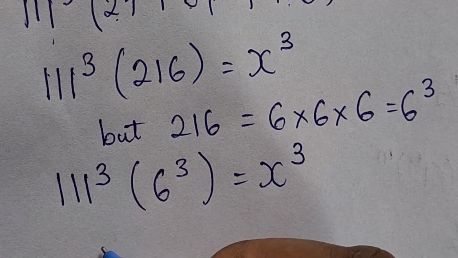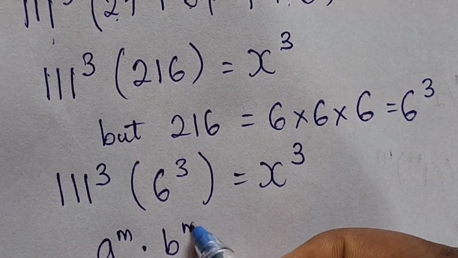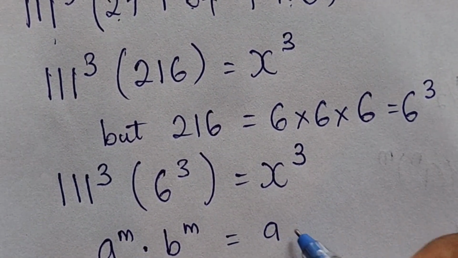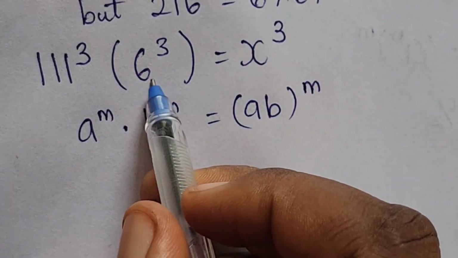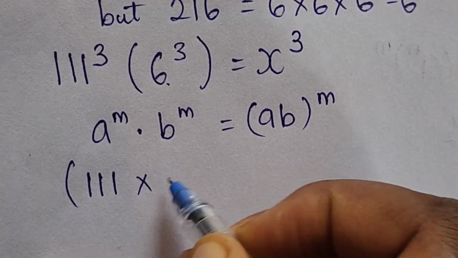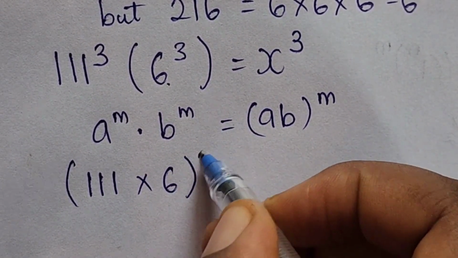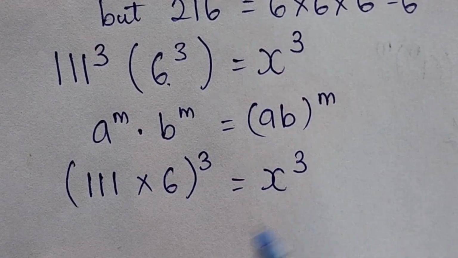Now let's recall that when we have A to the power of m times B to the power of m, this is equal to AB all to the power of m. So we'll be multiplying this together to have 1 times 6 all to the power of 3 is equal to x to the power of 3.